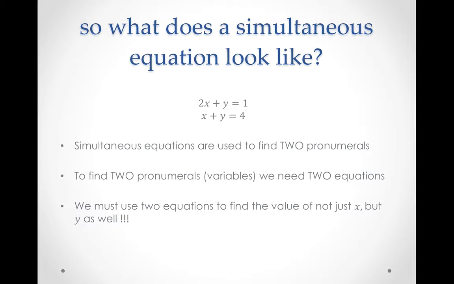And lastly, we must use these two equations to find the value of not just x, but y as well. So, in short, simultaneous equations are a pair of equations with two pronumerals, and your job is to find a value for both of those pronumerals.